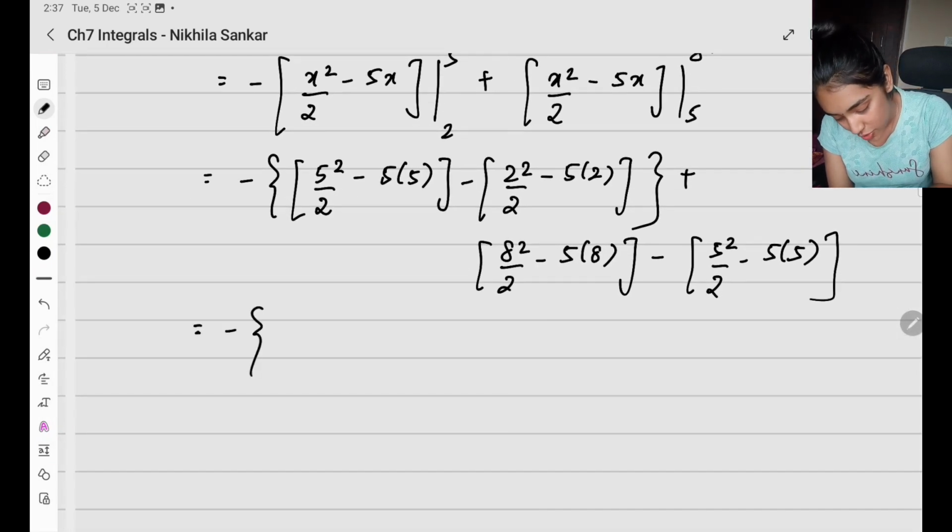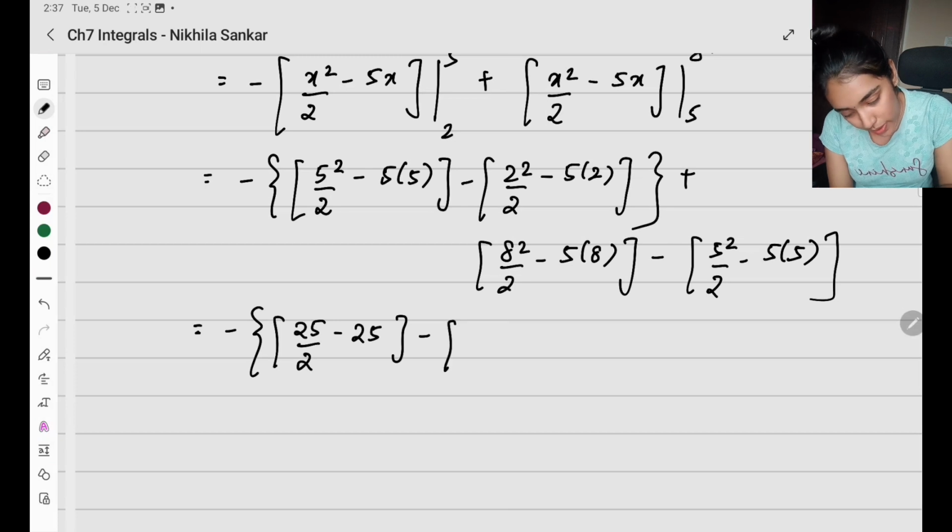Okay. So this is going to be, in the bracket, 5 square by 2 is going to be 25 by 2 minus 25, minus 2 square by 2. So one 2 gets cancelled. So I have 2 minus 10, which is going to be minus 8. This is my first bracket.